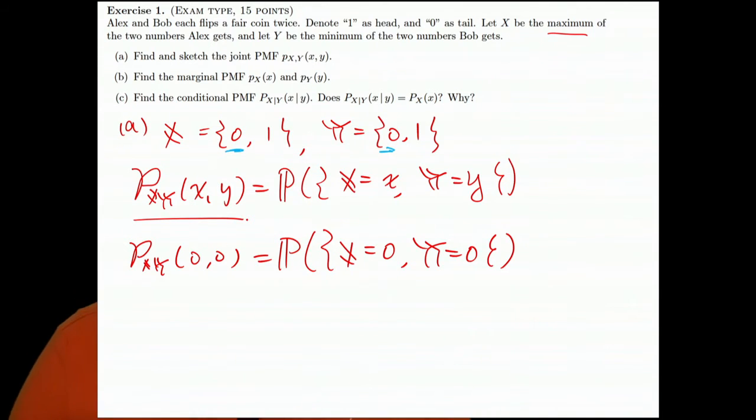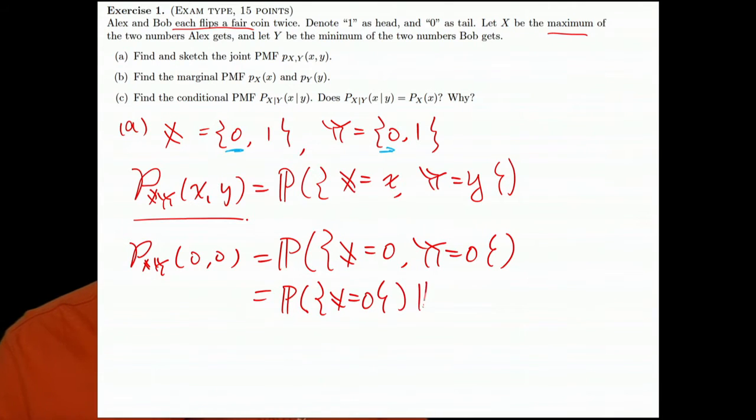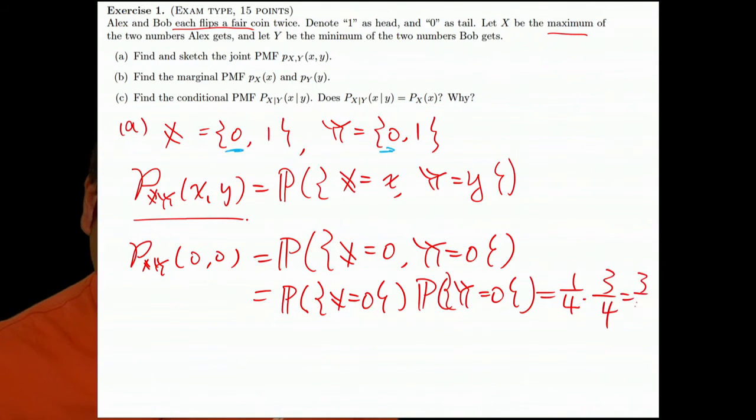And we need to know that they are independent, because each flips a fair coin. So they are independent. That means I have the probability of x times the probability of y. So you'll get the probability equals 3 divided by 16.